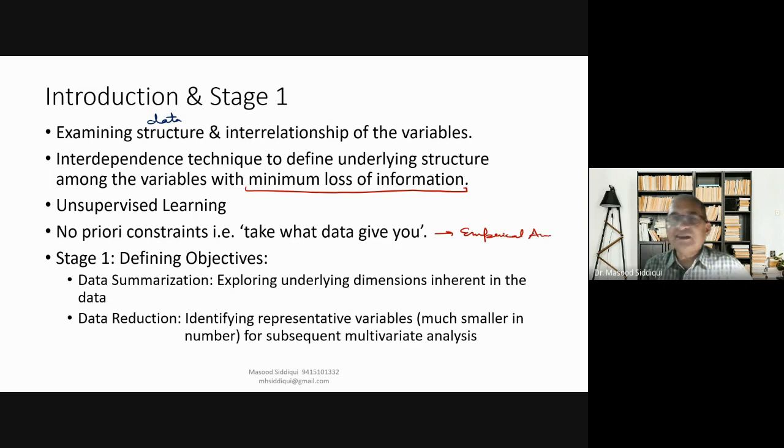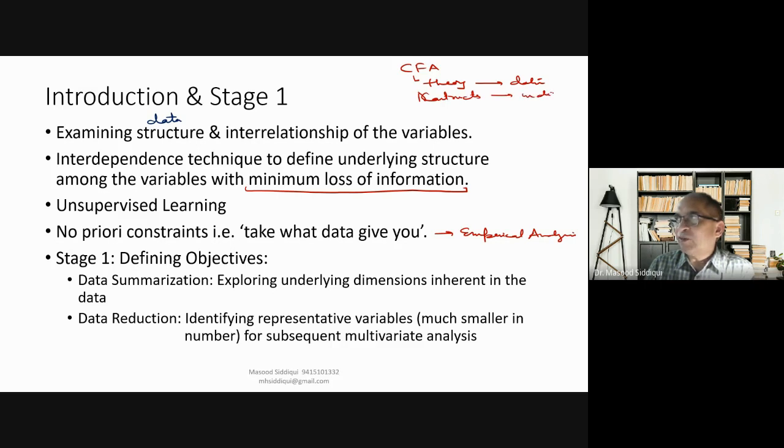Why are we discussing this concept? Because there is a related but very different concept that comes under structural equation modeling, known as confirmatory factor analysis. In that case, we go from theory to the data, or from construct to the variables or indicators.